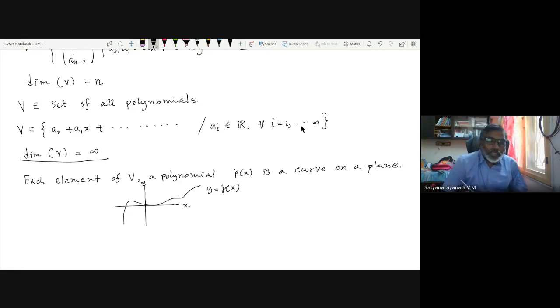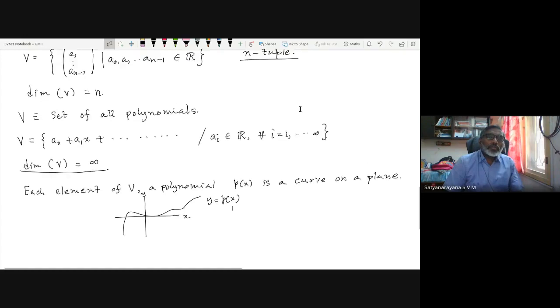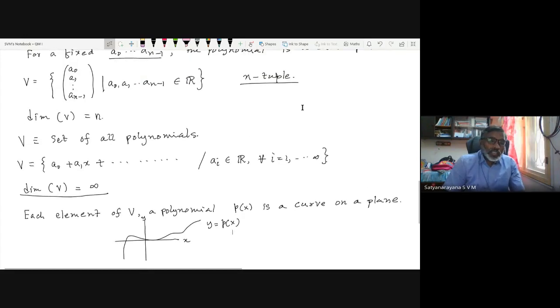But the state space will deal with the set of all functions that you can define on a plane or in a space, and they will form an infinite dimensional vector space. So I wanted you to notice that even if I take a plane, when I consider the set of all polynomials, I have an infinite dimensional vector space.